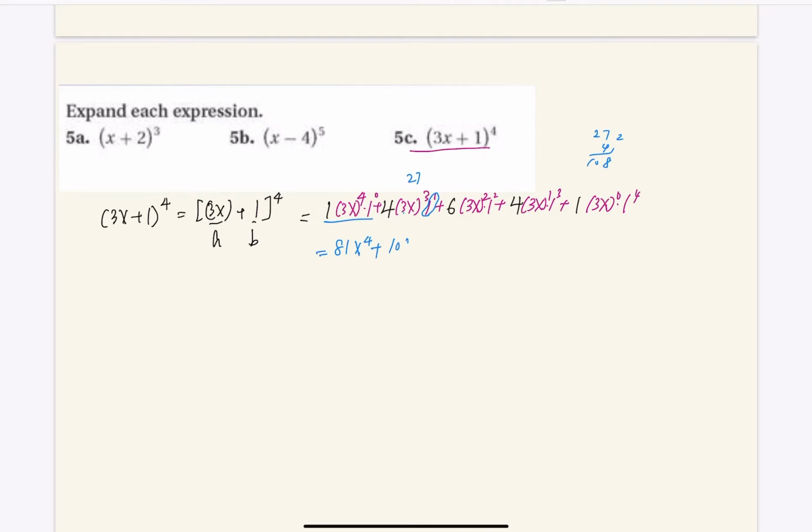So 108x to the third power. And then 1 to the second power is just 1. 3 squared is 9. 9 times 6 is 54x squared. 1 to the third power is just 1. 12x plus the last one is just 1.